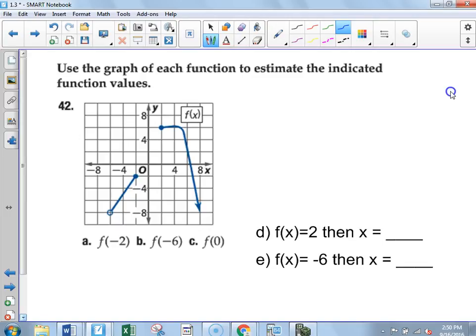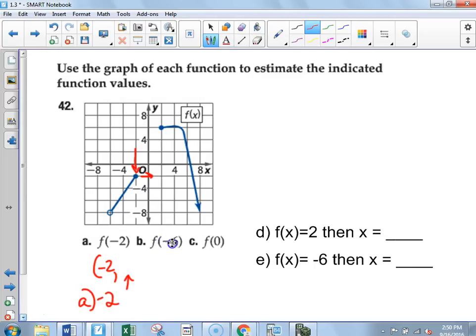All right, I want to go back and review a little bit of vocabulary, or a little information from reading a graph. You don't have this, so this is just a warm-up. What is this asking? Use the graph to estimate the indicated function value. This is saying when x is -2, what's the y value? So when x is -2, what's the y value? -2.